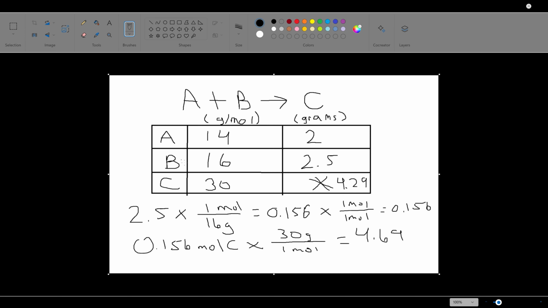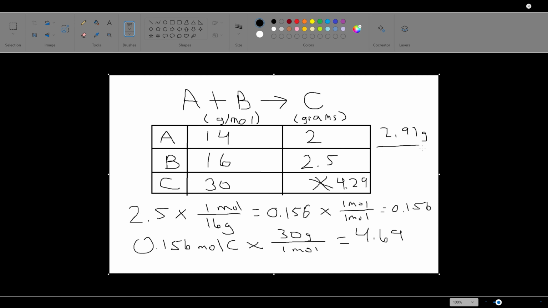And then if we wanted to, we could go into, if we were giving our actual yield, so say that in an actual experiment, we got 2.97 grams.